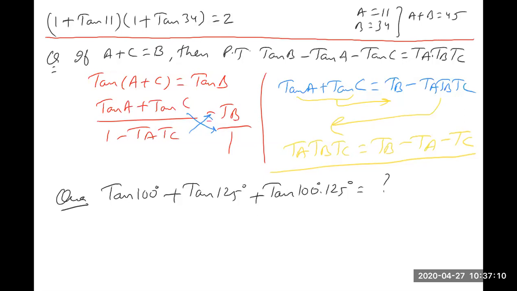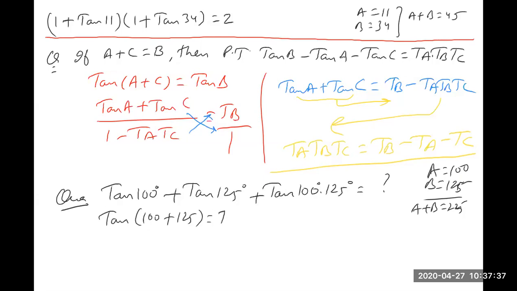So in all these problems, don't try to find the value of tan 100 or tan 125. Just check what is here A, what is B. So A is equal to 100, B is equal to 125. So A plus B is equal to 225. So you can say tan of 100 plus 125 is equal to tan 225.